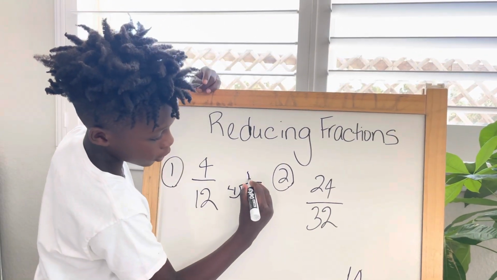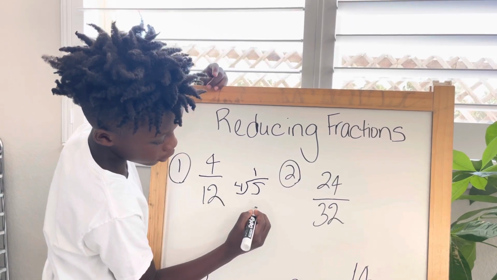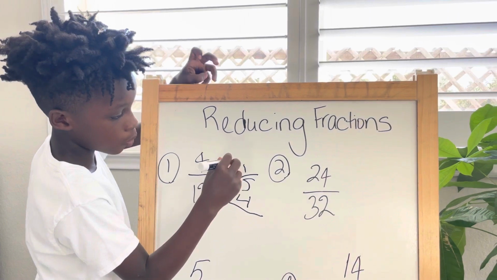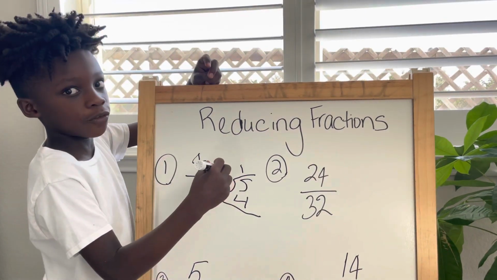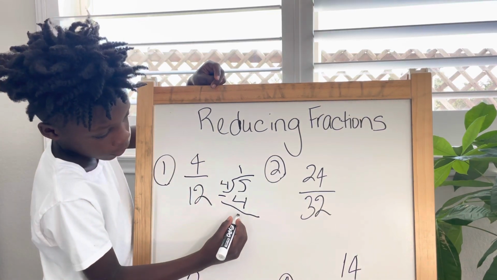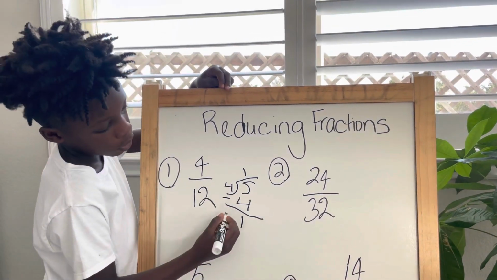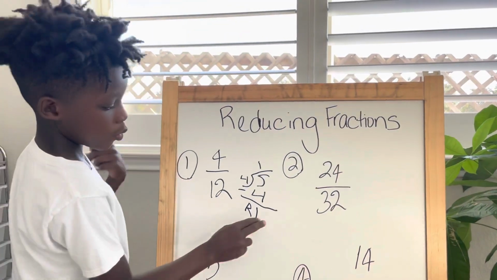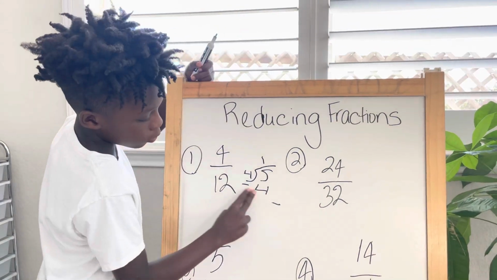So put 1 up here, then 4 times 1 equals 4. Then you subtract that, and you get 1. So 1 remainder 1.